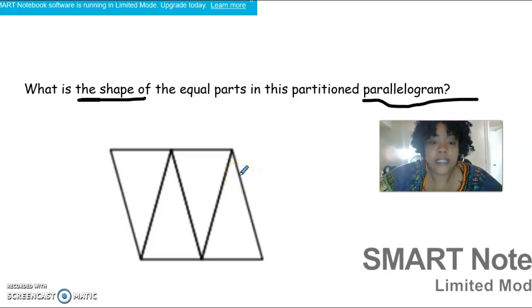But I need to identify what each of these parts is called. What is the shape of each of these parts? Now I know that I have 1, 2, 3, 4 equal parts. And I also know that the fraction for each part is 1/4.